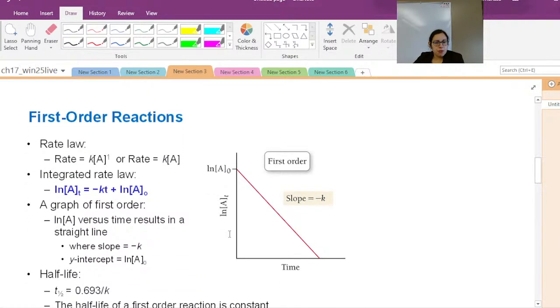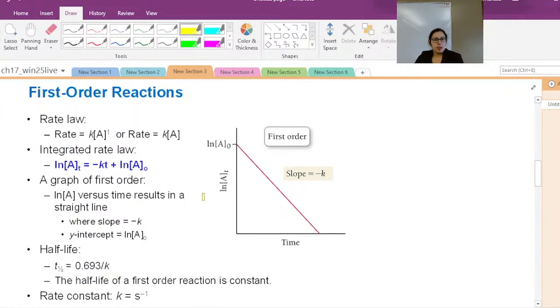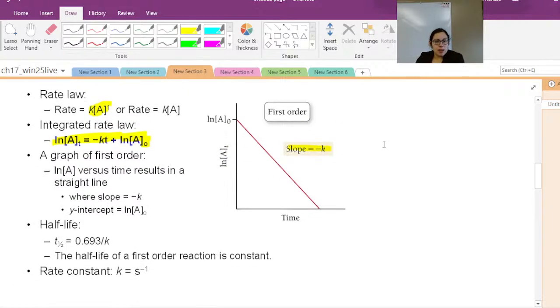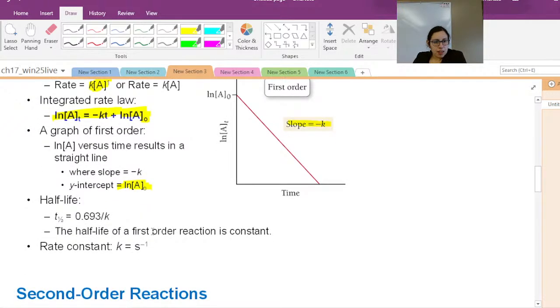And our y-intercept, of course, would be our initial conditions. Looking at first order, we had our rate law, and now our integrated rate law gives us the natural log of A at any point equal to negative KT plus the natural log of A at our starting point, the initial conditions. Now it's the natural log of A graph that gives us a slope, and our y-intercept is the natural log of A initial.